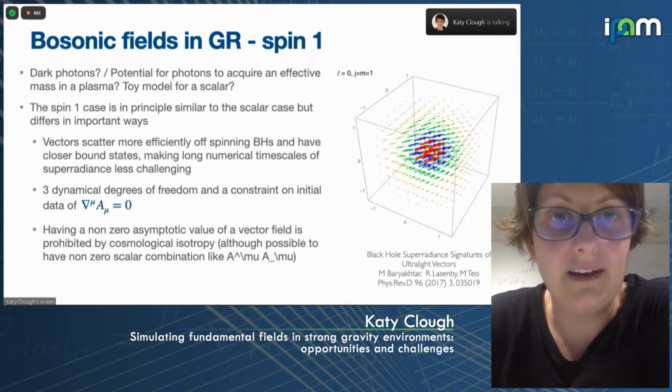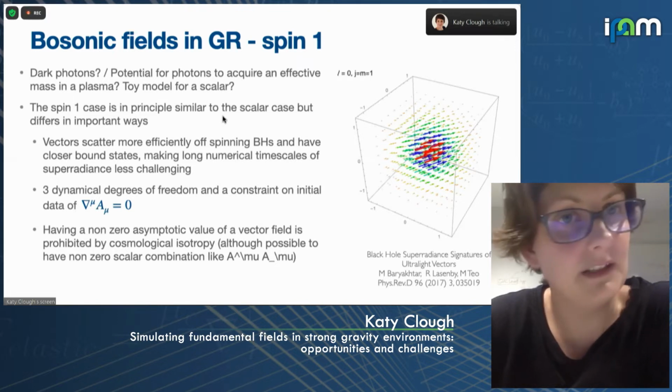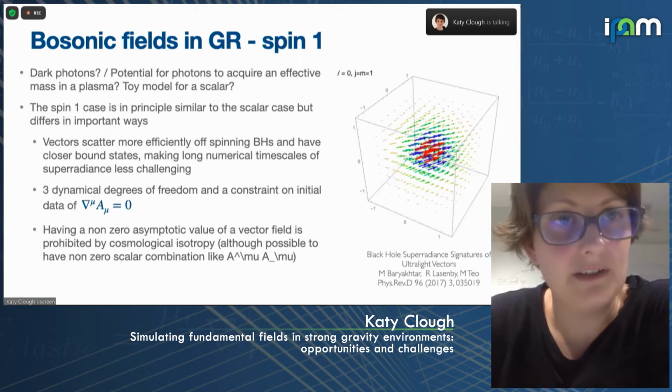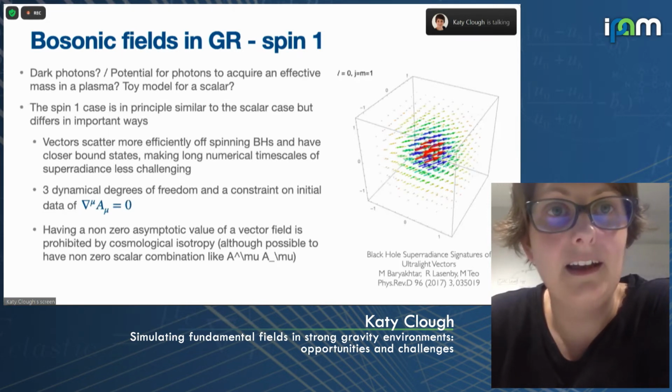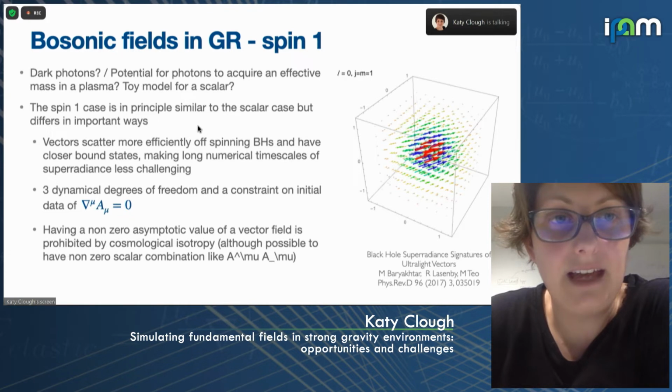When I say this, potentially you should think, well, that's a very strange thing to say. Why on earth would you use something more complicated to model something that's clearly a lot simpler, the scalar field case? And the reason is this first point that I mentioned here, that vectors actually scatter more efficiently off spinning black holes.